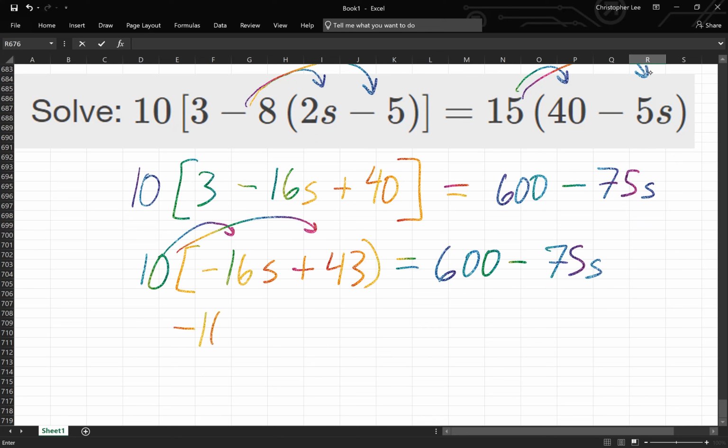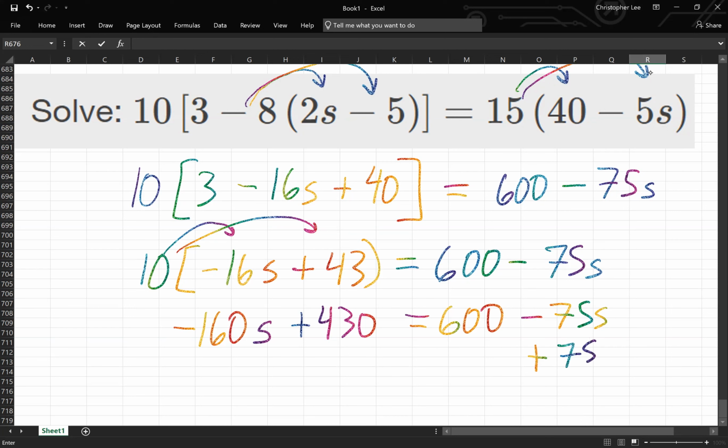So I have negative 160s plus 430 is equal to 600 minus 75s. Now again, I want to get all my variables on one side, and get all my numbers on the other. So I'm going to add 75s over here. What I do to one side, do to the other.